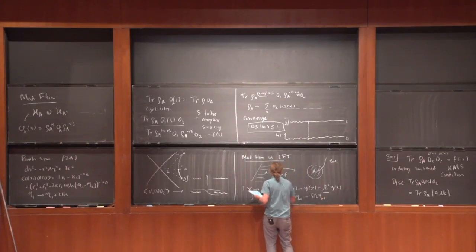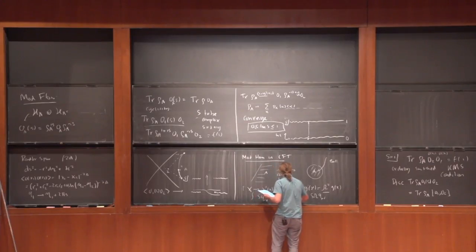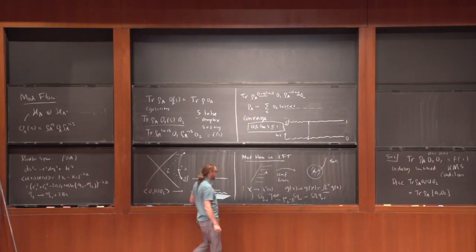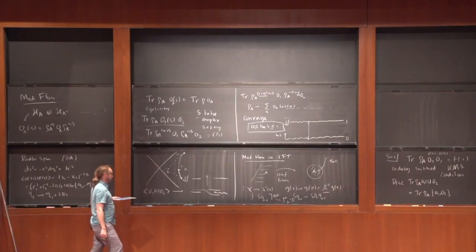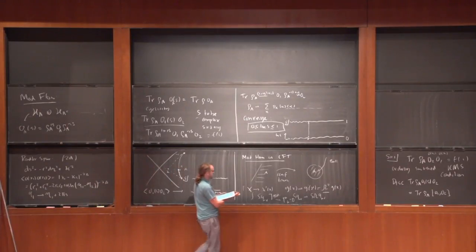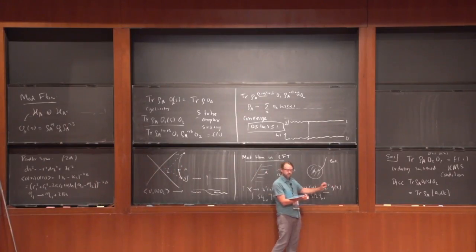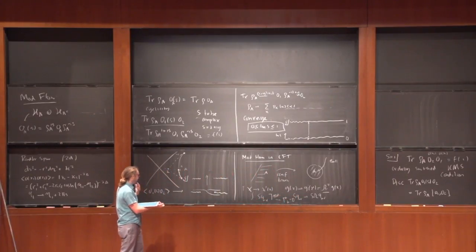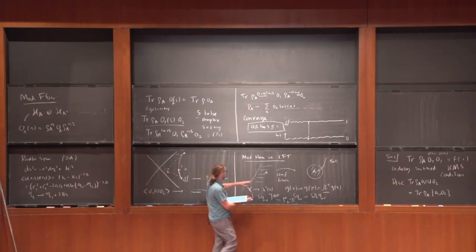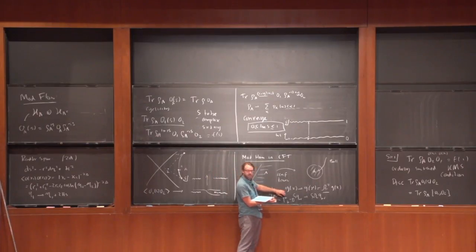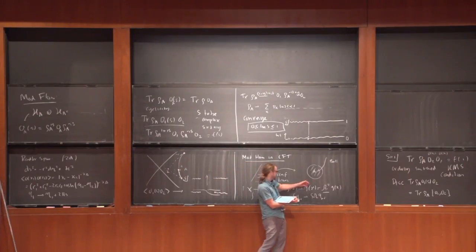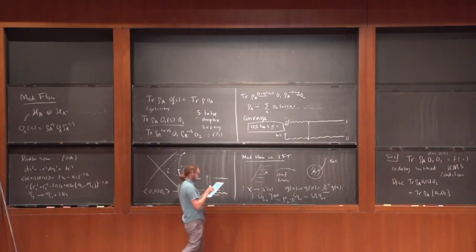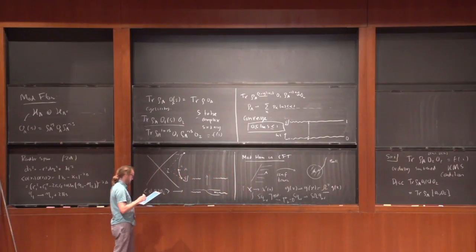But in a CFT, the trace of the stress tensor is 0, so these become symmetries of the CFT. And then we can find this conformal transformation by applying this idea to the flat Minkowski metric.